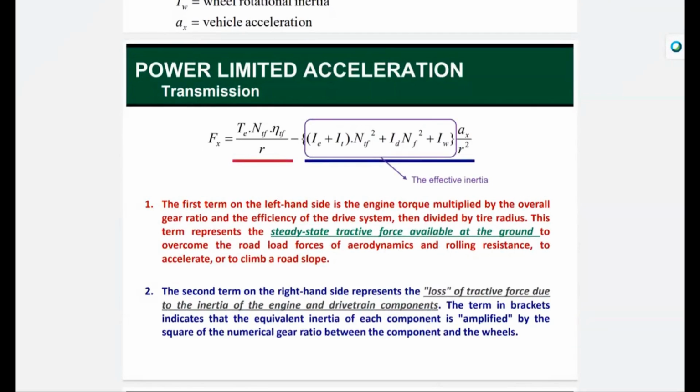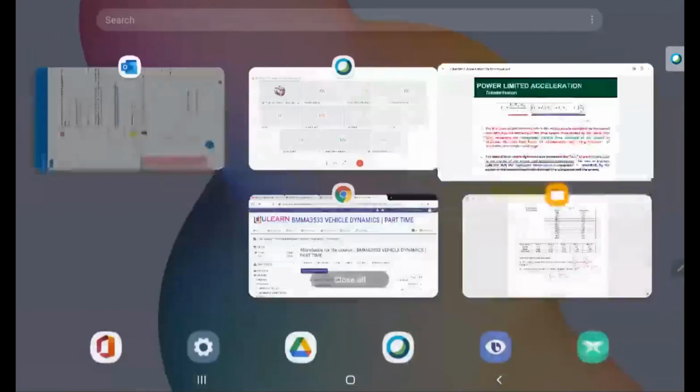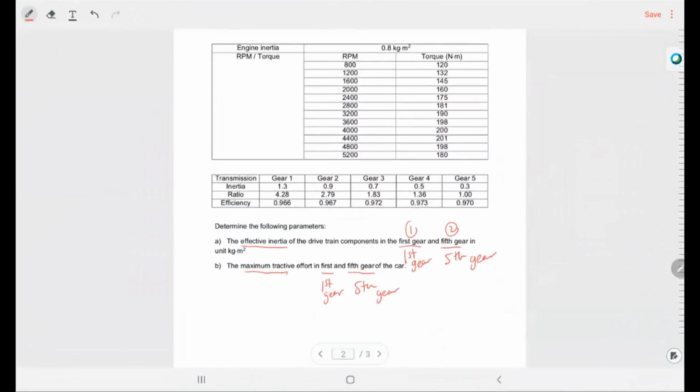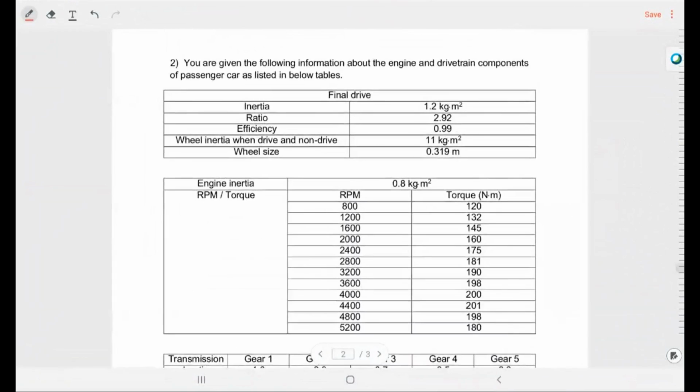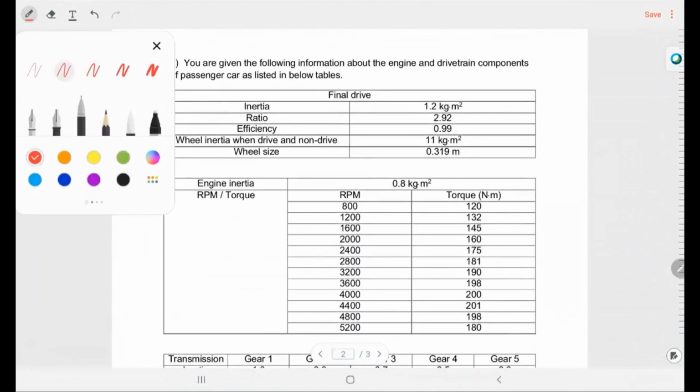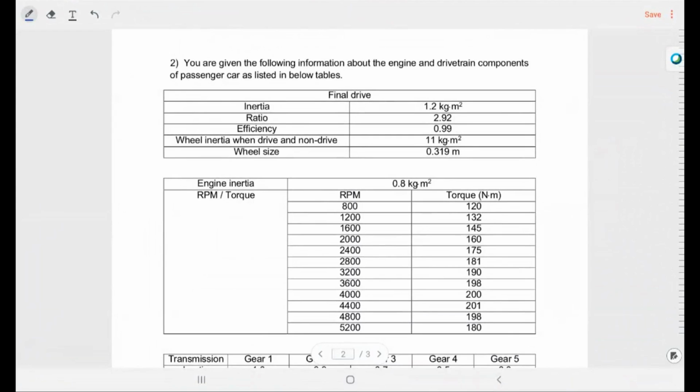Okay, go back to your question first. What is the symbol of each parameter, so you can put them into the equation.